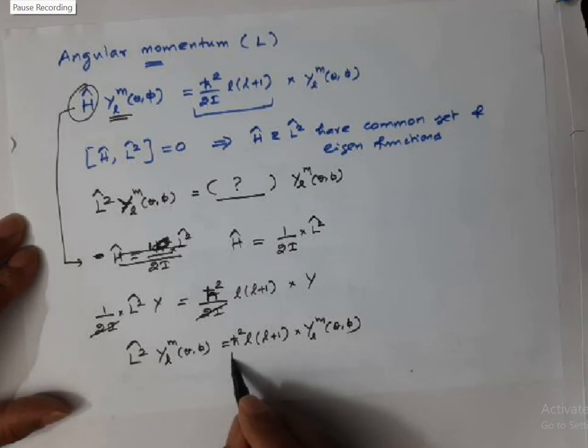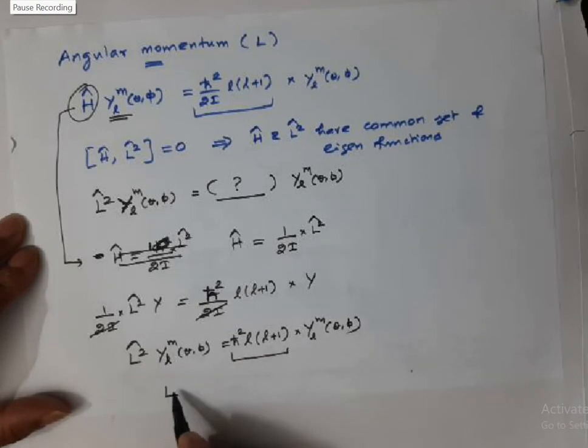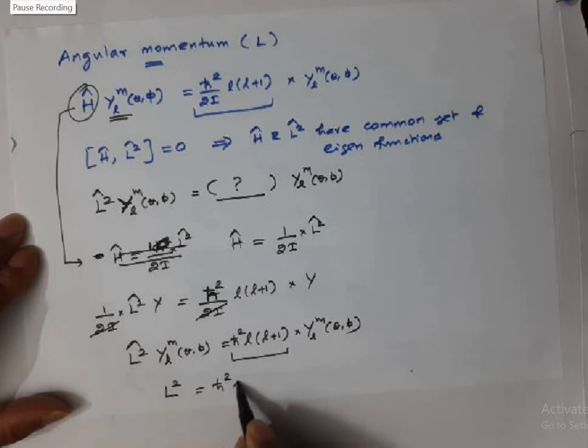What is the eigenvalue? The square of the total angular momentum is h bar square into L into L plus 1.